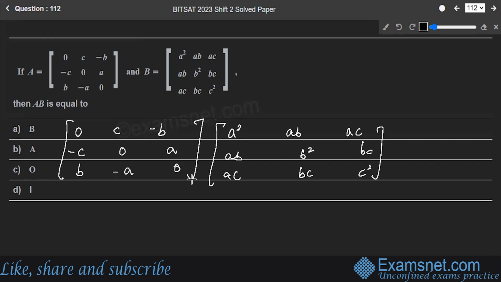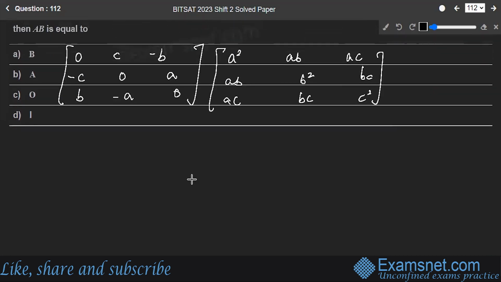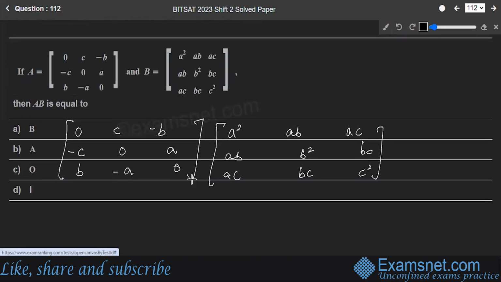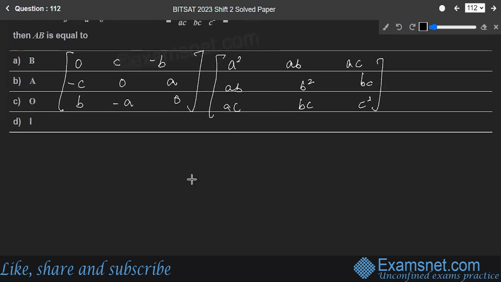Okay, and let's find out their product. You know the rule, first row, first column, first row, second column, then first row, third column. Let's go with this. So this is equal to 0, then you have abc minus abc. Here will be b square c minus b square c, bc square minus bc square.